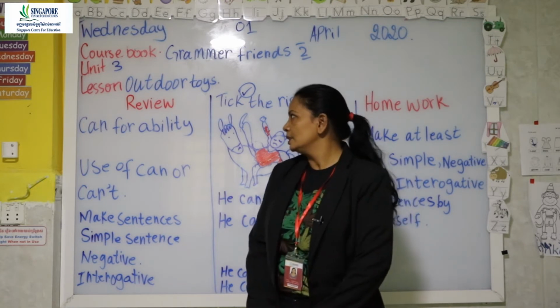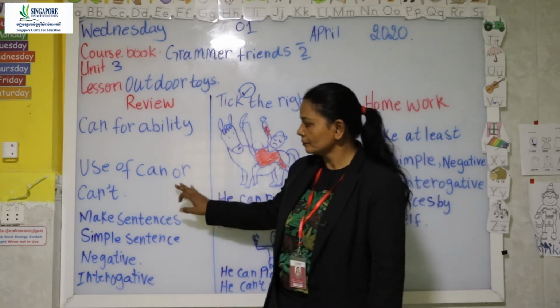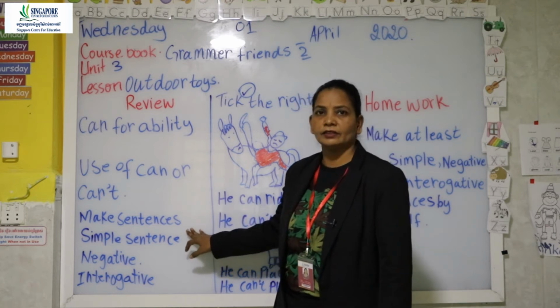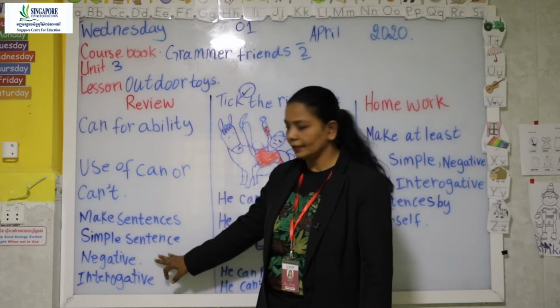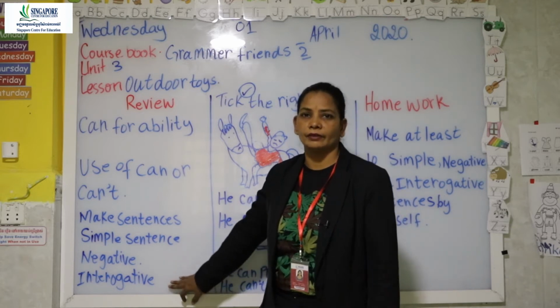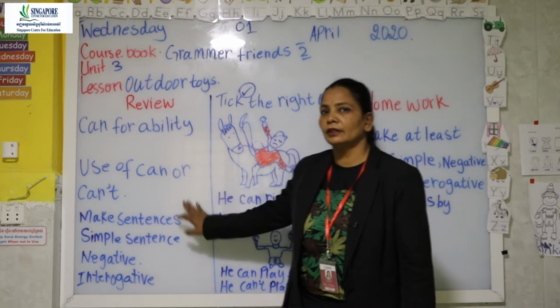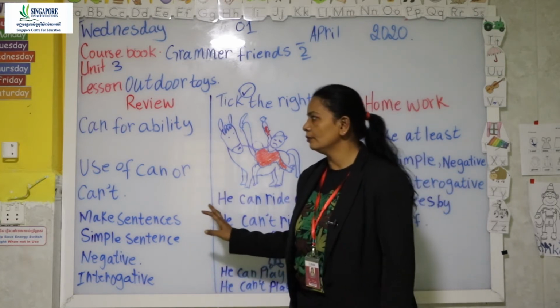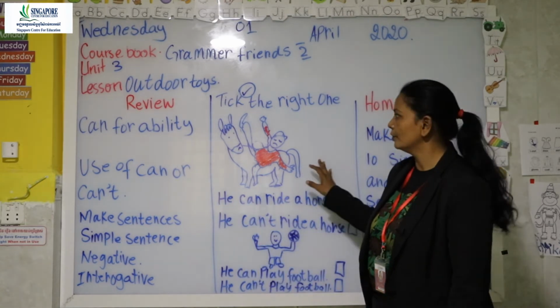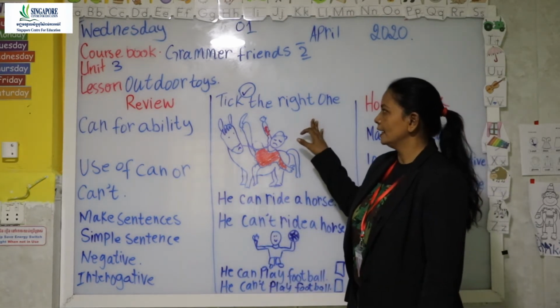Okay, so yesterday, as you know, we made the sentences simple and negative and interrogative. Okay, so this is the review of the previous lesson, and today we are going forward to tick the right one.